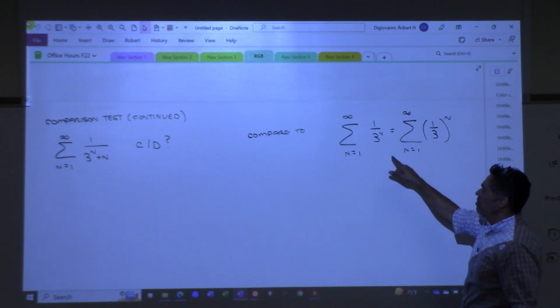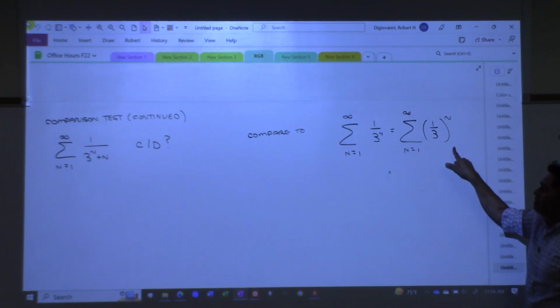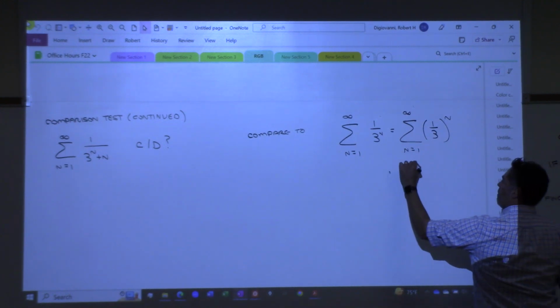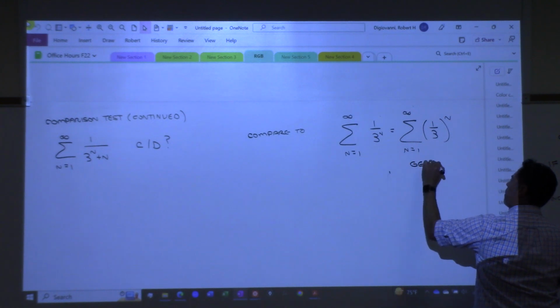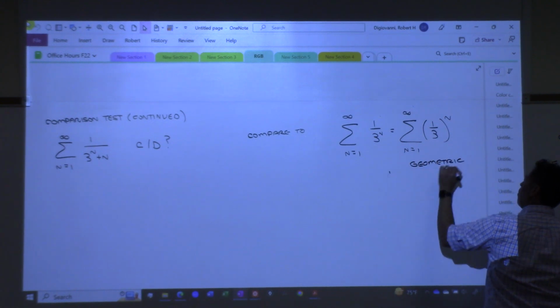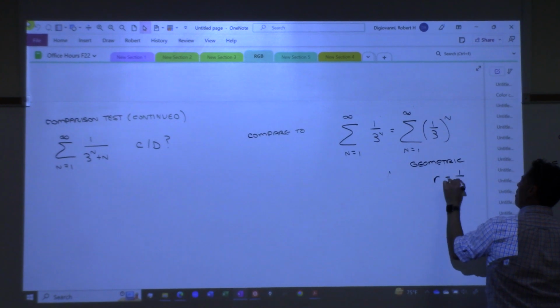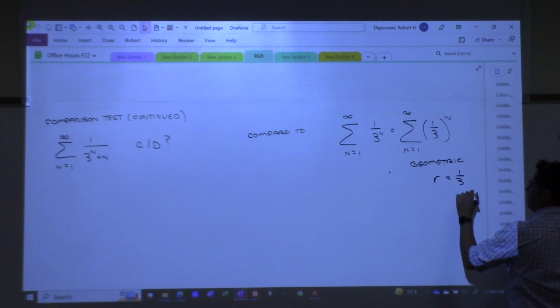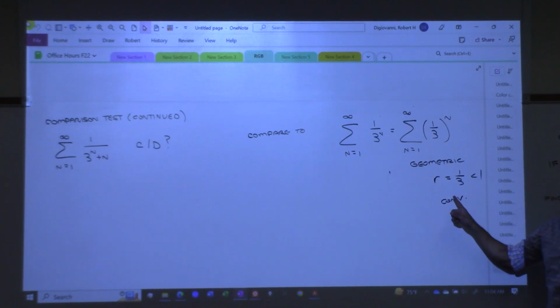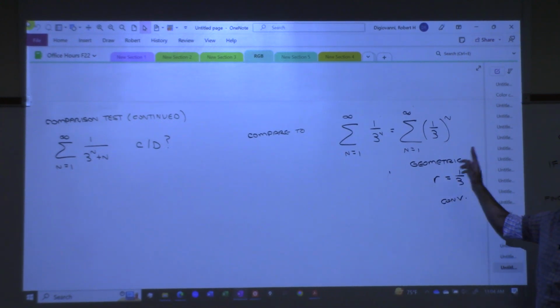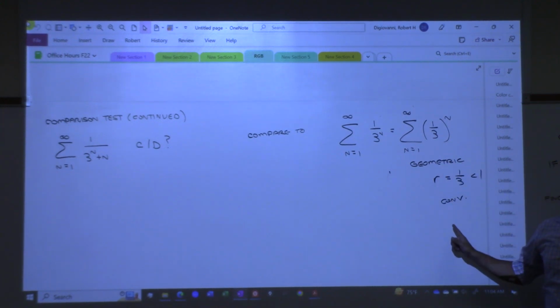That's just me realizing you could rewrite this as this. And that's geometric with r being 1/3. And of course, that's less than 1, so this converges. So I'm comparing it to a convergent geometric series.